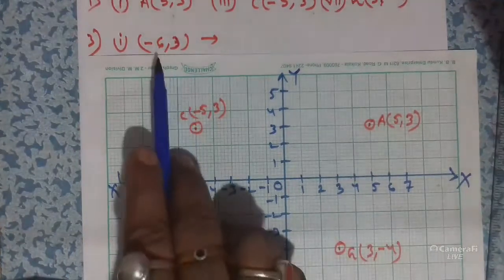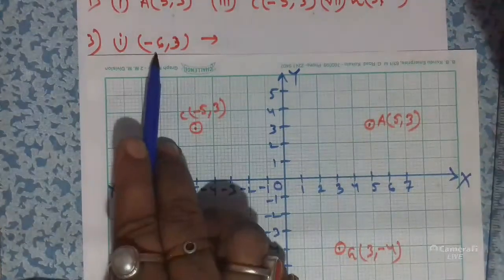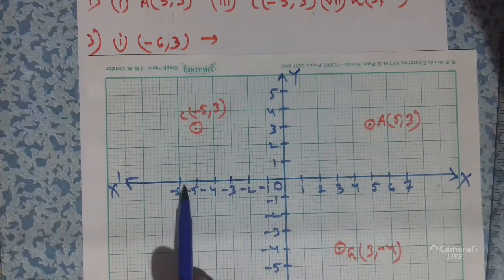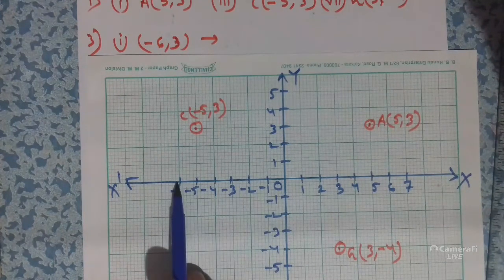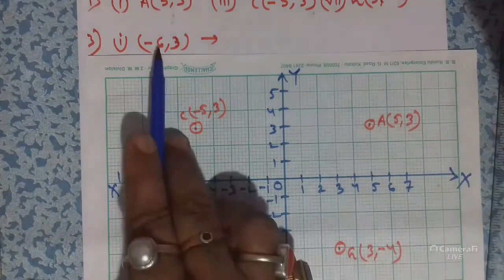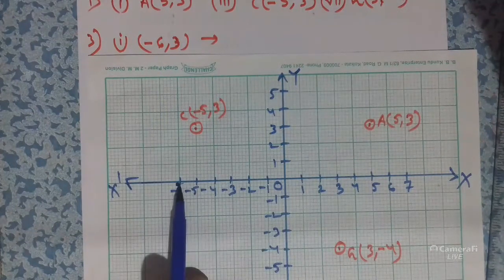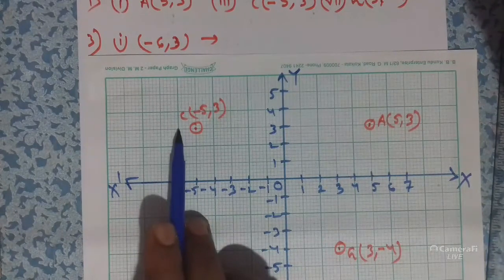So (-6, 3). X is -6, so we have to move towards the left, and then y is 3. Y is positive, so we have to move up.